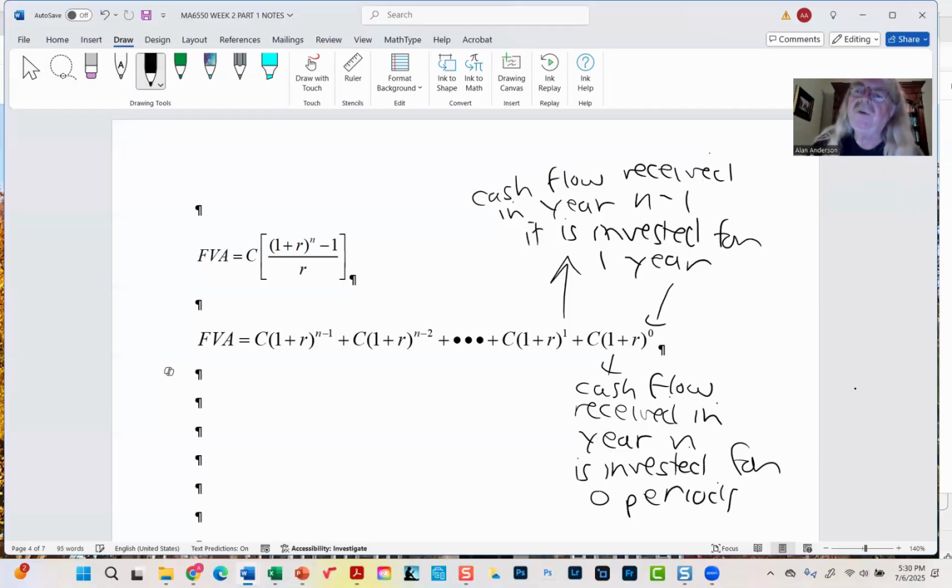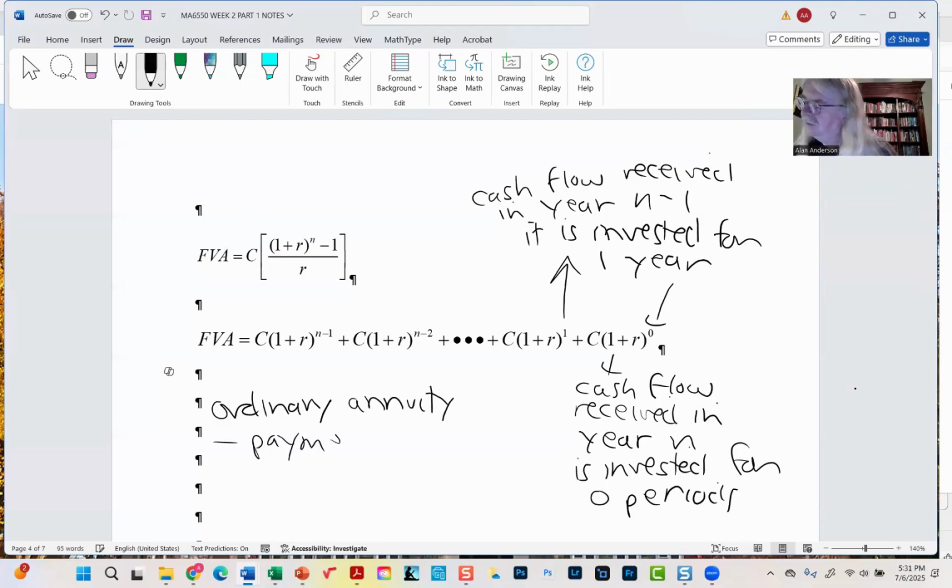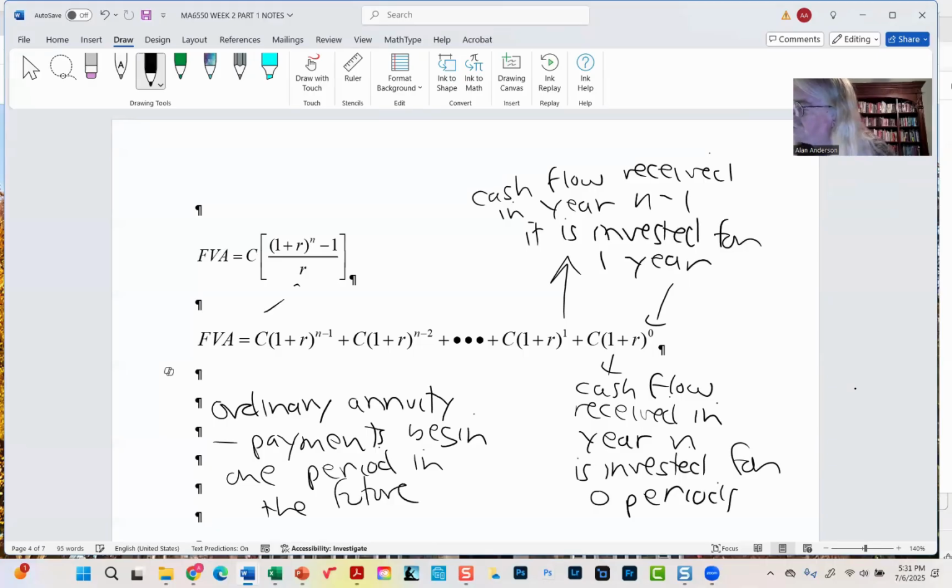Also, I want to remind you that these two formulas we are working with now are ordinary annuities, which means that the payments start 1 period in the future, not right away. So this is the cash flow received in year 1. Now, year 0 was today.